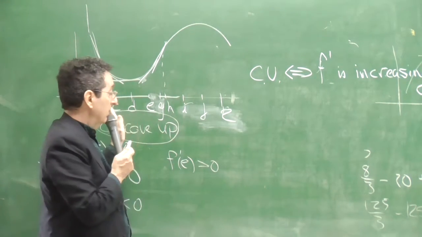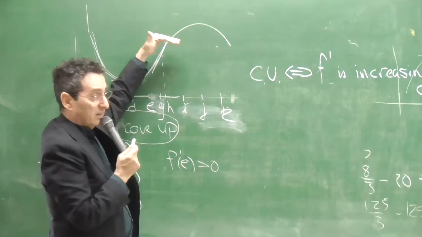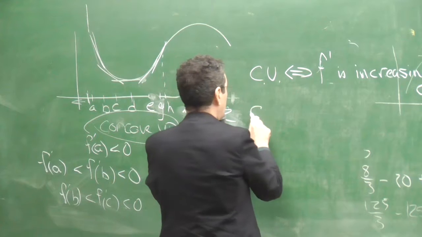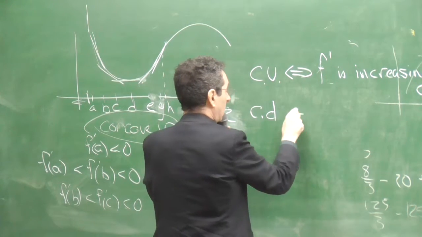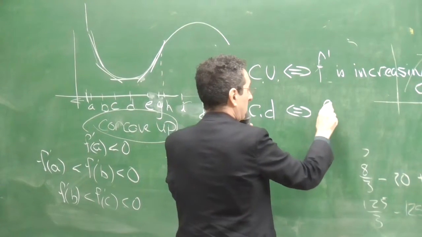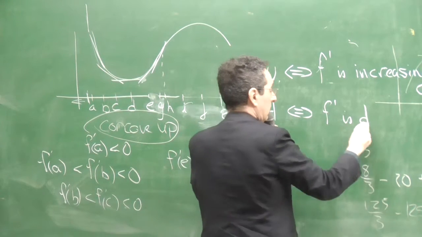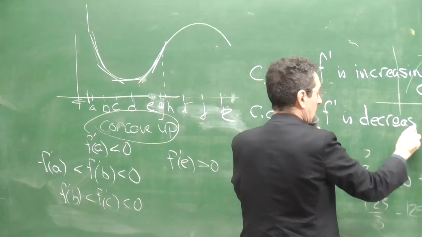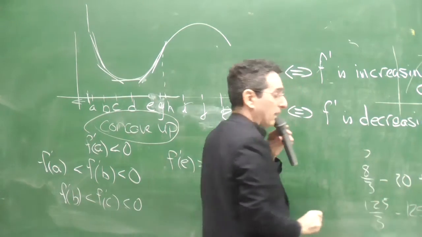If it's here, the slope is decreasing, and that's concave down. So let's write that. Concave down, f prime is decreasing. Does everyone agree with that?